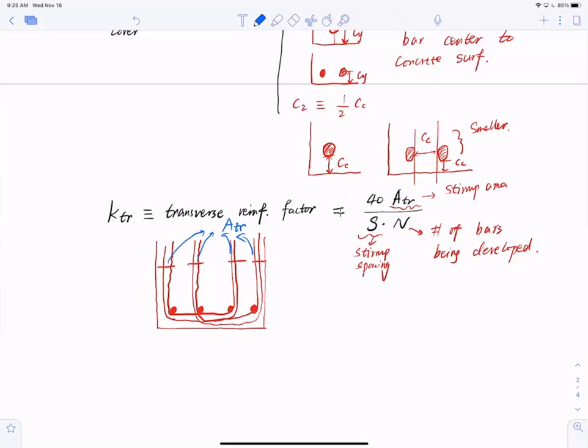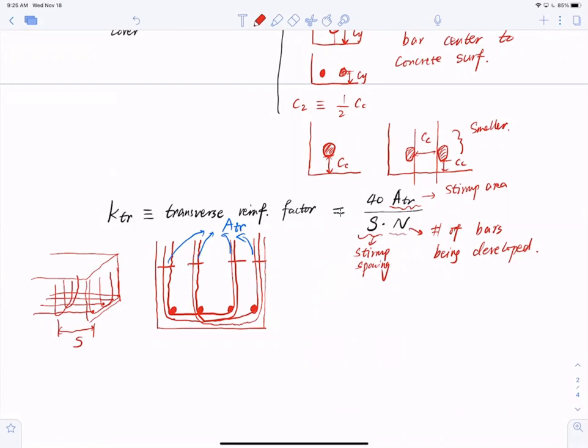So from the 3-dimensional view, I have 1 bar, 2 bar, 3 bar, 4 bar, developed this way, and I have stirrups going like this, and another one going like this, and going like that. So the spacing is this, as here. Now, the only thing remaining is n.